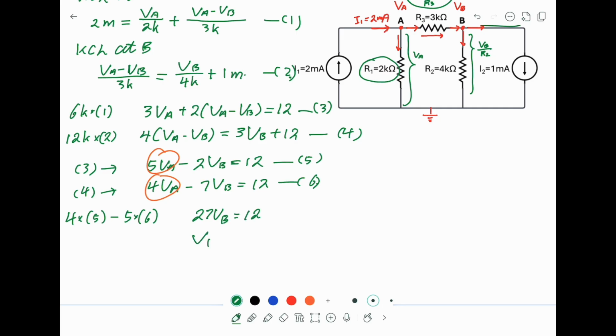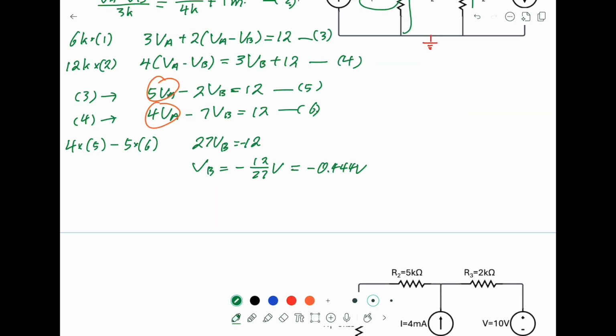So VB equal to, beg your pardon, negative 12. Yep. So it's negative 12 over 27 volt and equal to minus 0.444 volt.